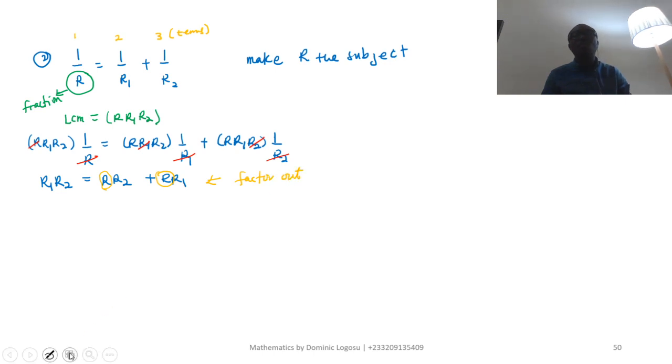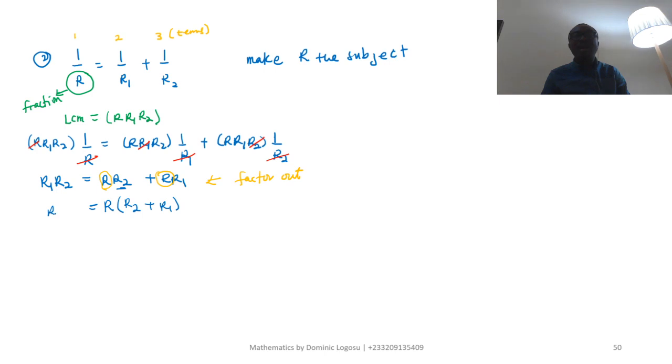Factoring out requires that whatever we desire to bring out of these two terms, we bring it out. So that will be R. Whatever is left here, we write it. Because when I pick R from this place, what is left is R2. We did this lesson last week in our live class, so if you've forgotten, please go and revise. Now when we factor R from here, which we've already done, what is left is R1.